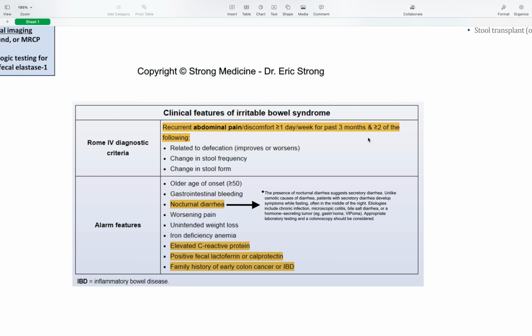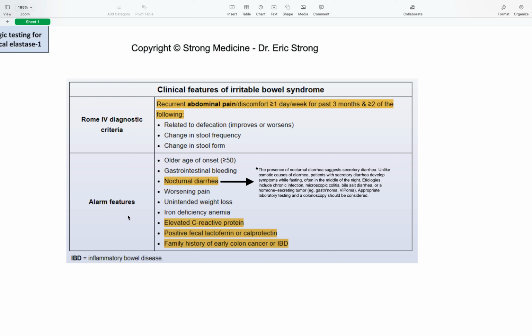In addition, you must have at least two of the following: it is related to defecation, improves or worsens; change in stool frequency; and change in stool form. All right, at least two of these three, along with abdominal pain for at least 1 day per week for the past 3 months. All right, so that is Rome 4 criteria.